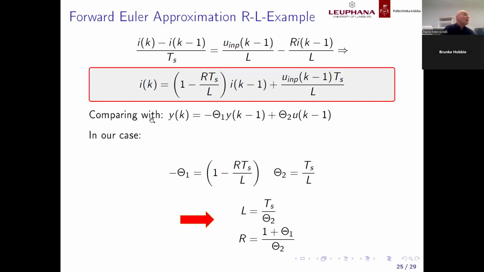Now, a practical consideration. If I compare this expression here with my model, we can see in a parallel form that minus theta 1, assuming that y, our output, equals the current, y of k, y of k minus 1, means minus theta 1 is this expression here.